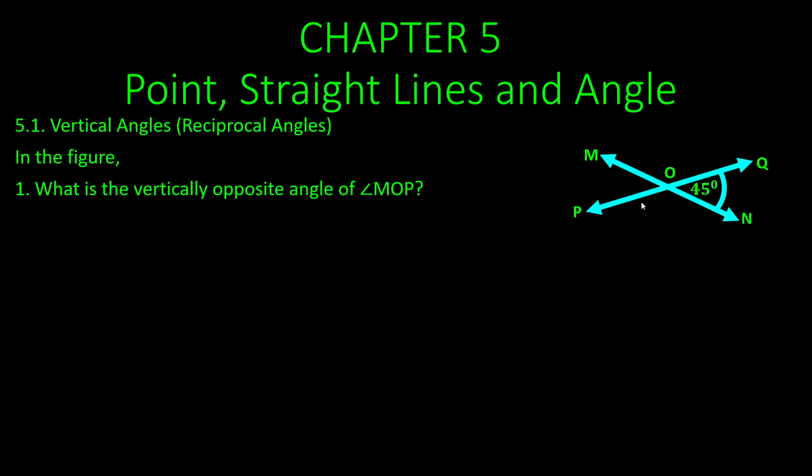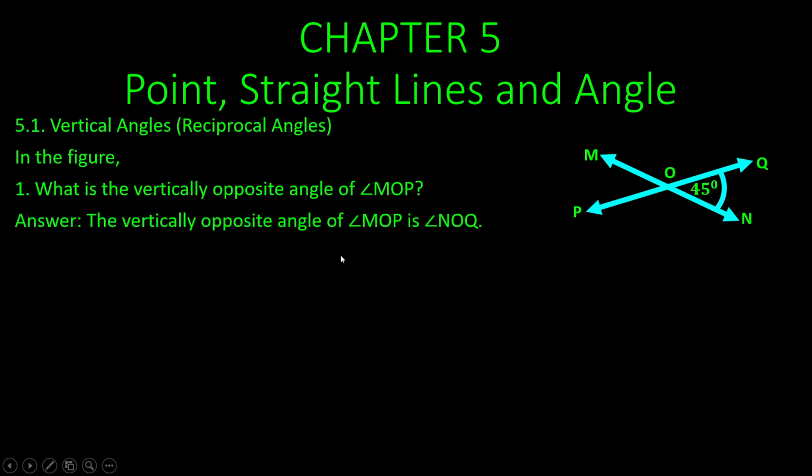So we can say that the angle between ON and OQ is NOQ. So NOQ is the vertically opposite angle of MOP. So we can write that the vertically opposite angle of MOP is NOQ.